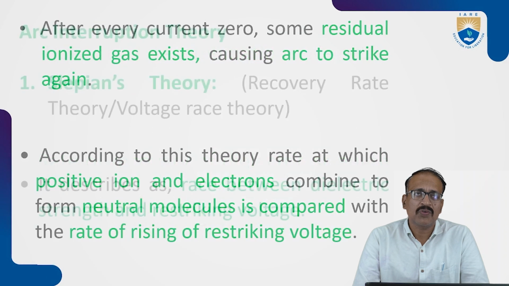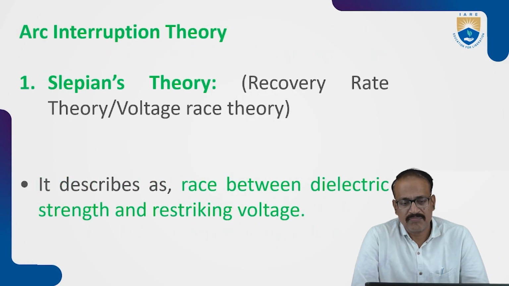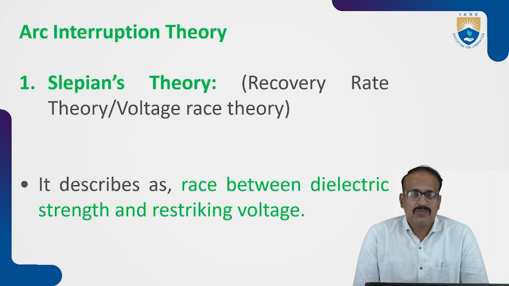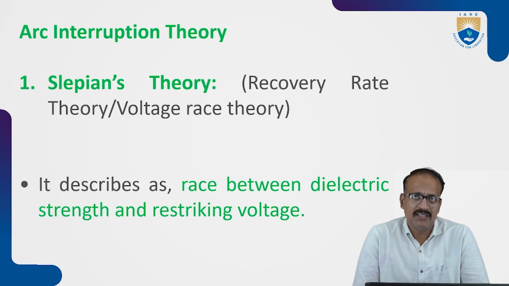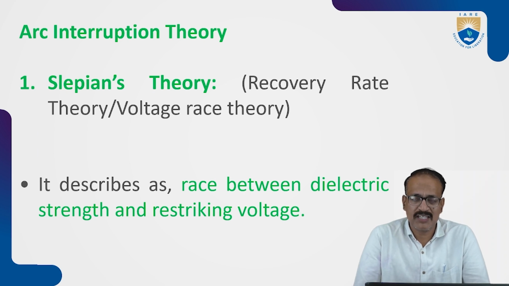Today we will discuss the Slepian theory. This theory has two other names besides Slepian: the recovery rate theory or voltage race theory.